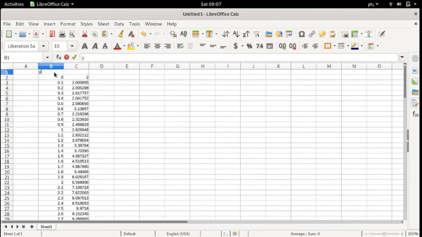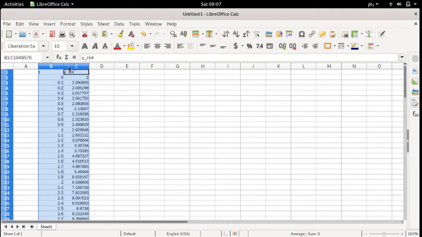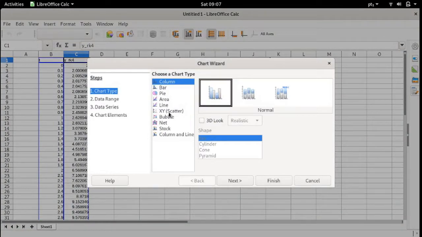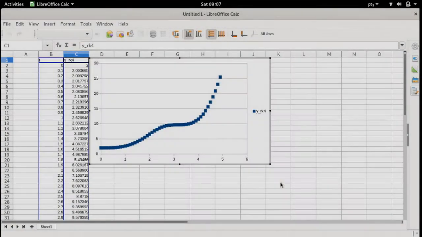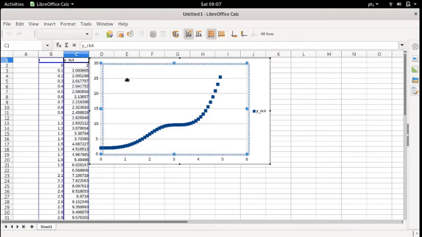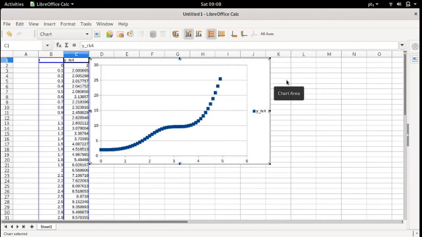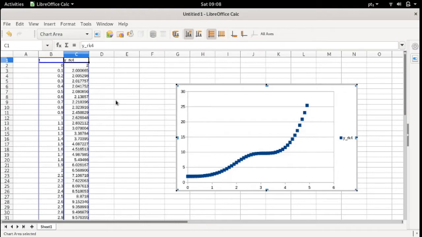This is T, and this is YRK4. I'm going to put the chart here. You can see here that the numerical solution pretty much follows what you saw in Wikipedia, right? Pretty much follows the procedure.